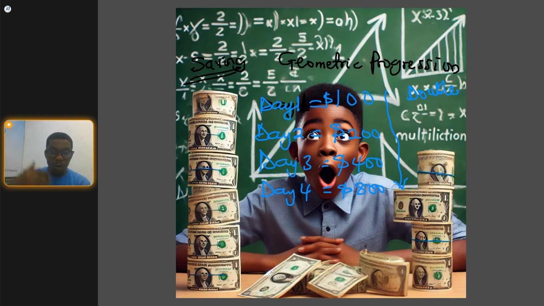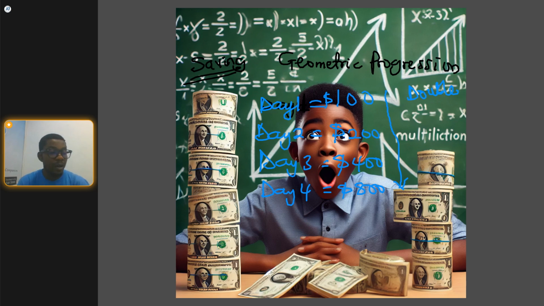He decided to double the savings for day one by two, that is, multiply it by two, and save it for the next day. So if he continues like this, that means he has agreed to work with the doubling system. So this example is actually a good example of geometric progression.